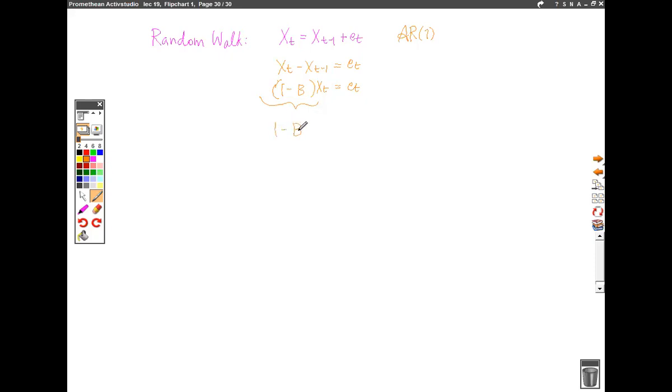For that, I equate this, so instead of B, I use some proxy, which might be z, equal to 0. So I know that my z is equal to 1, which is clearly not greater than 1. Therefore, as z is not greater than 1, the random walk is not stationary.